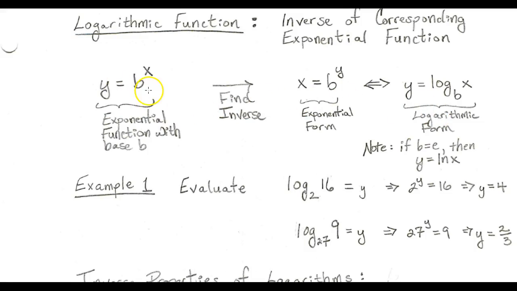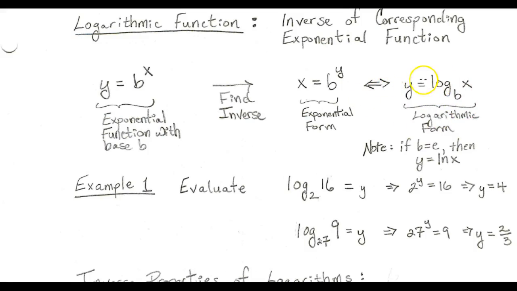Remember, y equals b to the x is an exponential function with base b. If we switch the x and the y, it's no longer this. This is equivalent to this, and that's what I want you to remember. So y equals log base b of x is equivalent to x equals b to the y. They say the same thing.